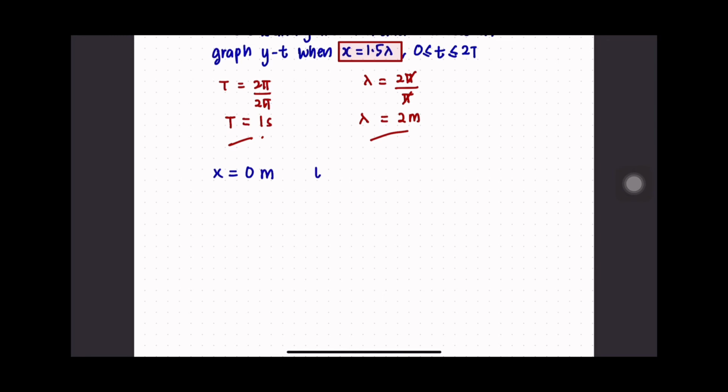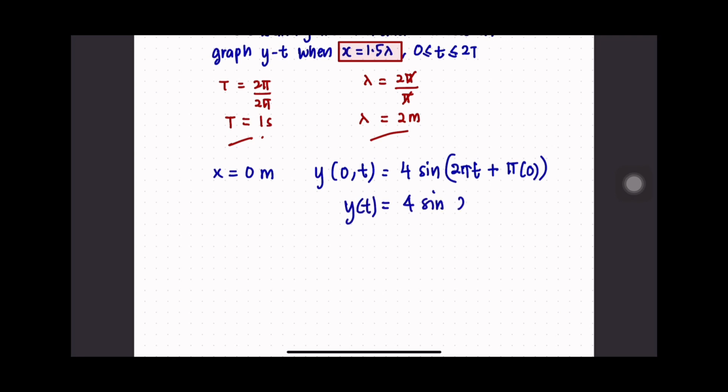Okay, so given equation y(x,t), x kosong, t equal to 4 sin(2 pi t plus pi x). So we get y against t graph for basic graph is 4 sin 2 pi t.